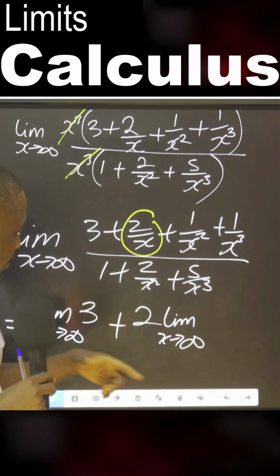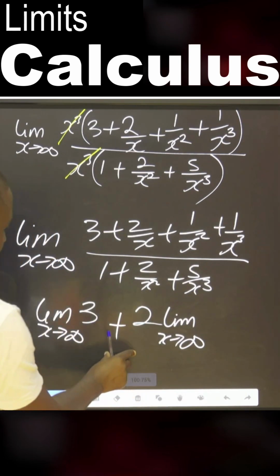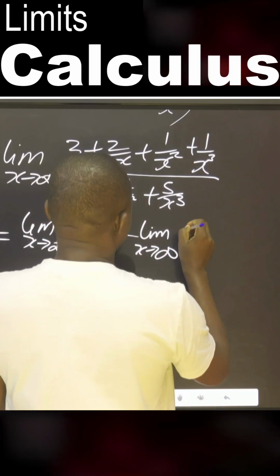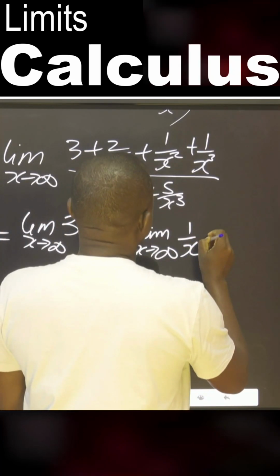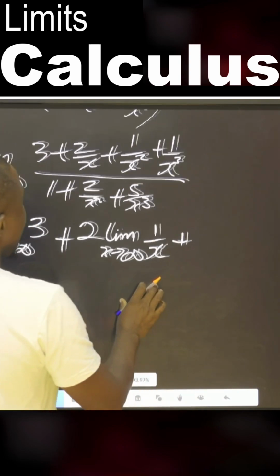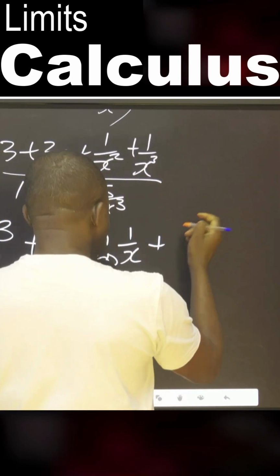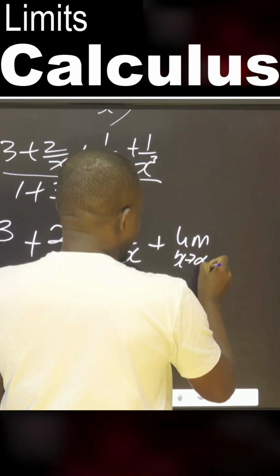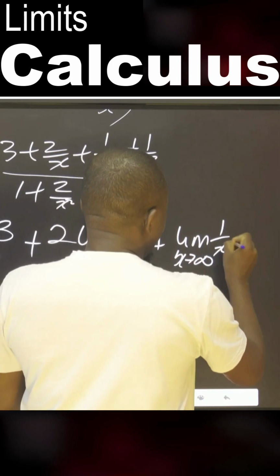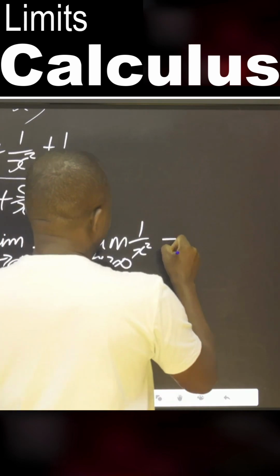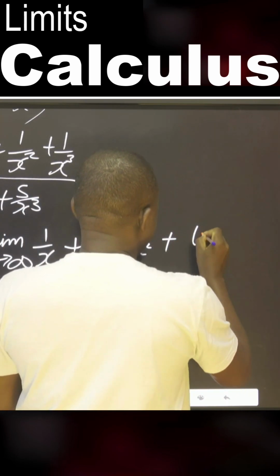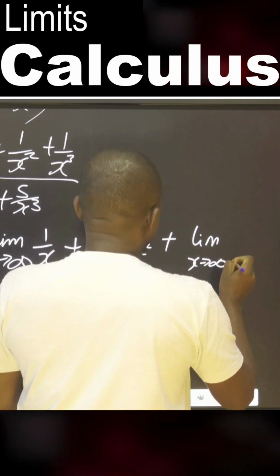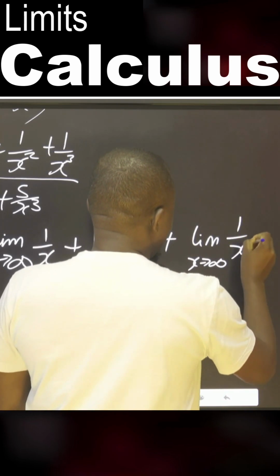Okay? So therefore, you agree with me, I'm going to have 1 over x plus, I bring out 1, which is the same thing, 1 over s raised to the power 2 plus, I bring out this, 1 over s raised to the power 3.